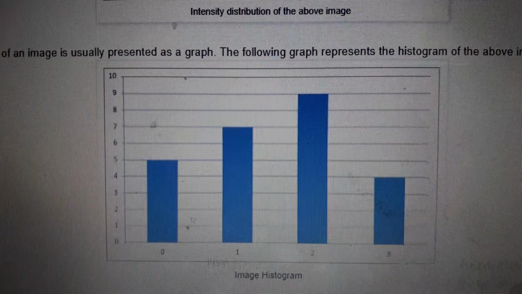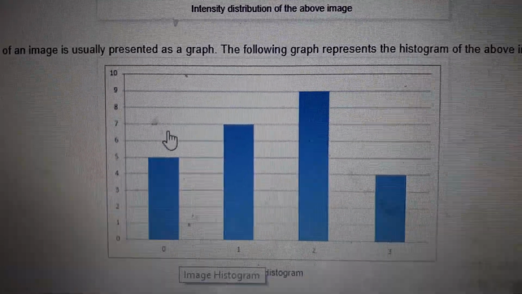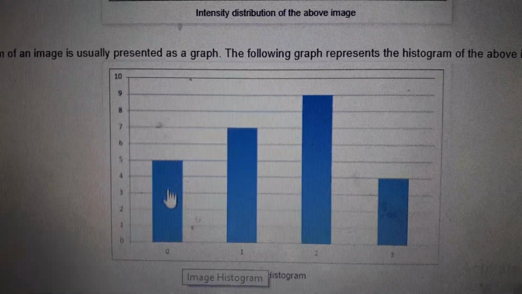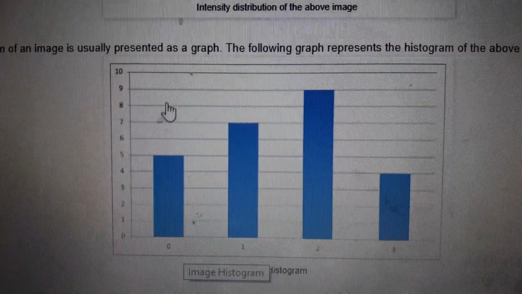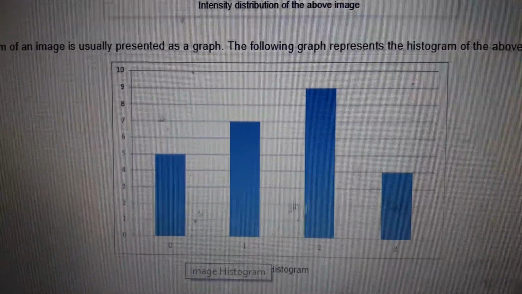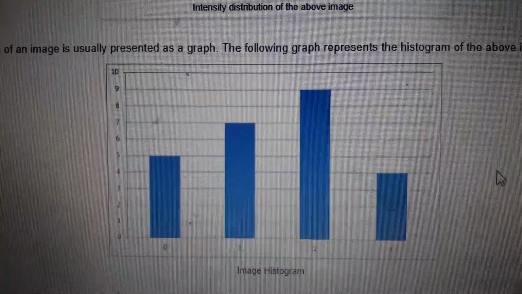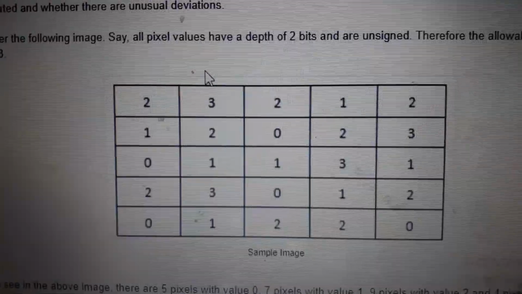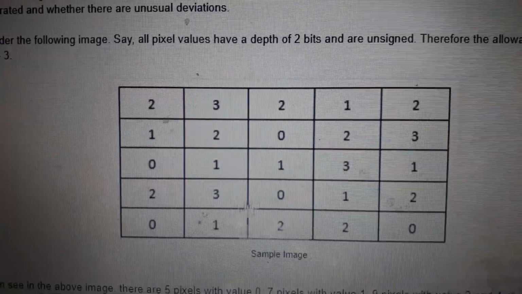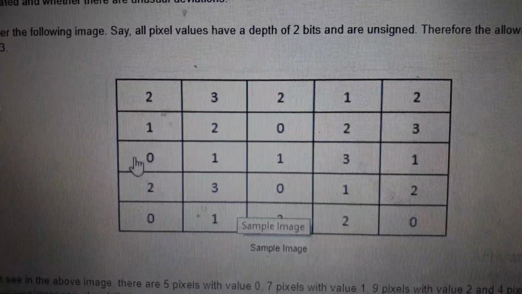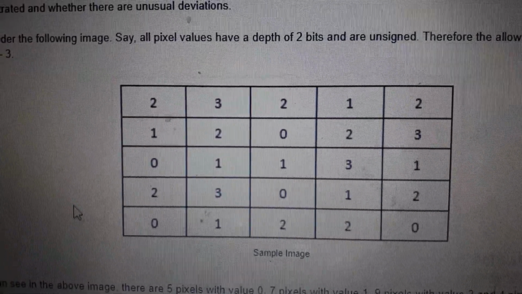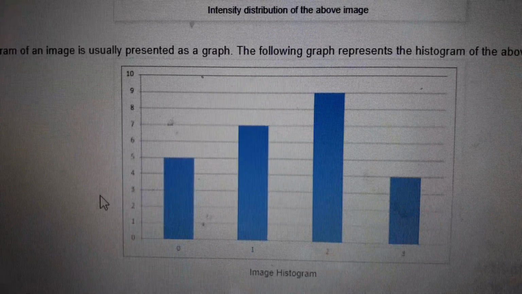If we increase the depth of the image pixels, for example if 1 is equal to 9, then the low value 0 will increase up to that level.